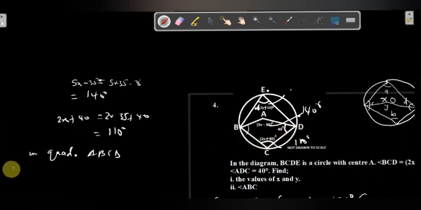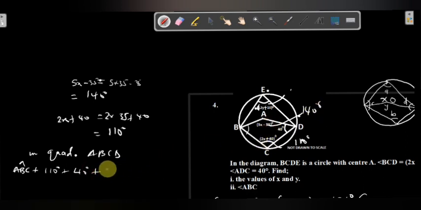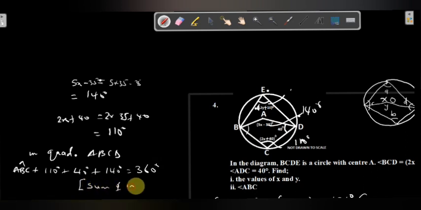So ABC plus this angle here, which is 110 degrees, plus this angle here, which is 40 degrees, plus this angle here, which is 140 degrees, is equal to 360 degrees. We still have to state the reason: sum of interior angles of a quadrilateral.